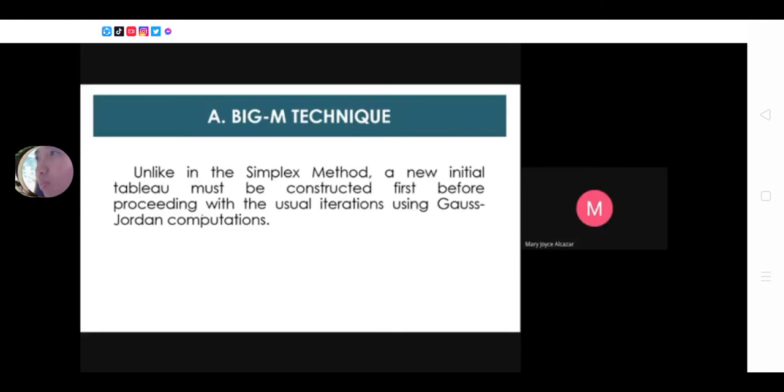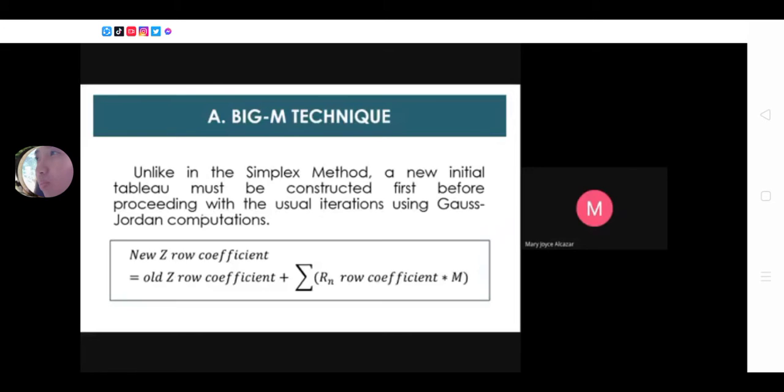In doing a new initial tableau, you will need this equation: new zero coefficient is equal to the old zero coefficient plus the summation of the Rn row coefficients multiplied by M. Please note that this is a plus sign since we are dealing with a minimization problem.